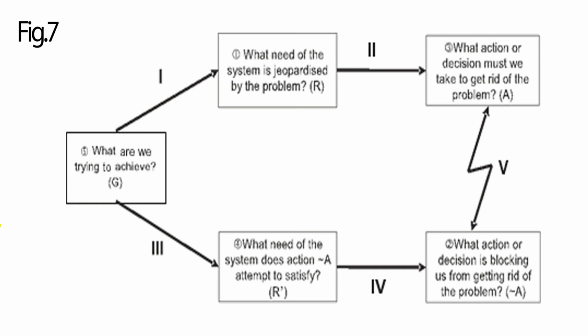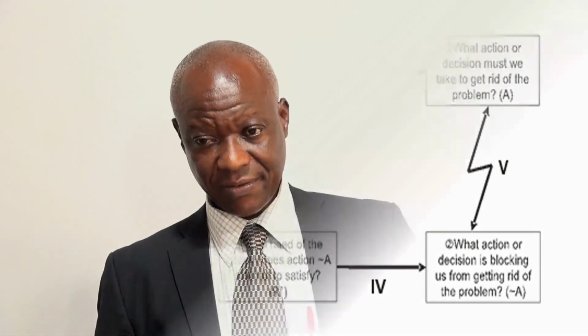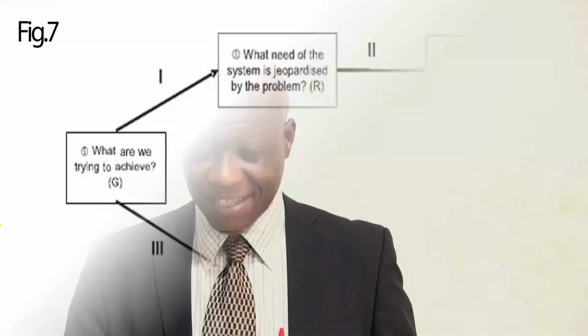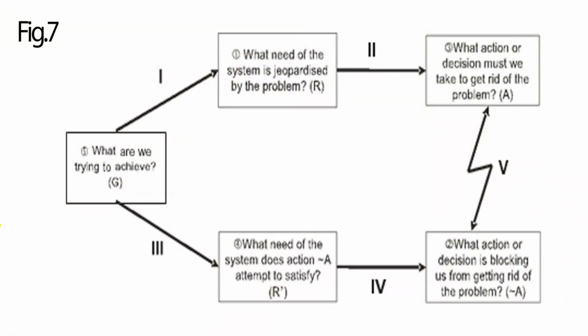To find the opposing action, ladies and gentlemen, you ask yourself that question. Step number 4 is to find the opposing action. The next question is, what action or decision must you take to get rid of the problem? And once again, you need to note that it has to be an action or a decision. In this case, it is simply the opposite approach. That is to remove national barriers to migration, and these should be filled inside the A box, ladies and gentlemen.